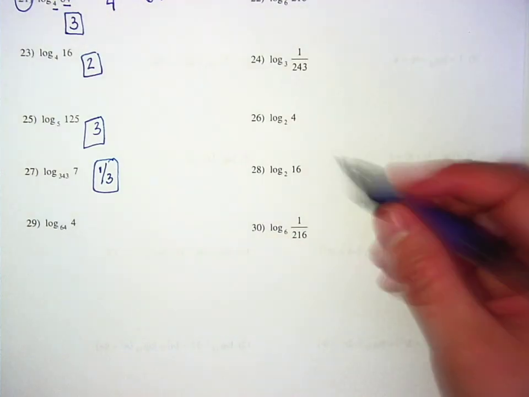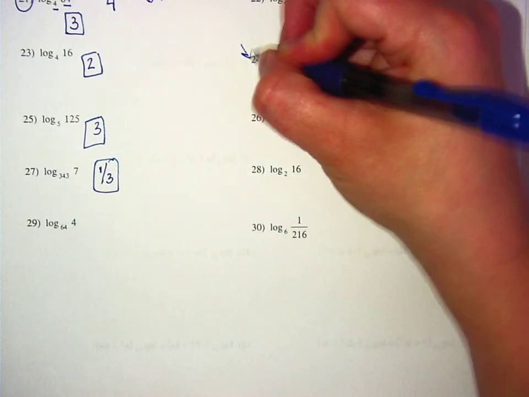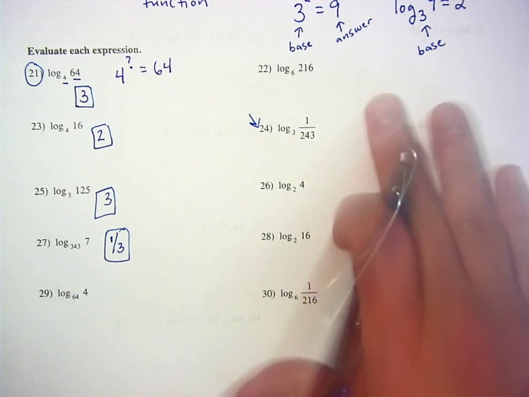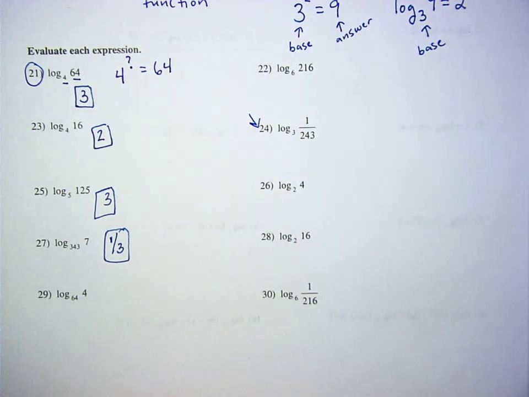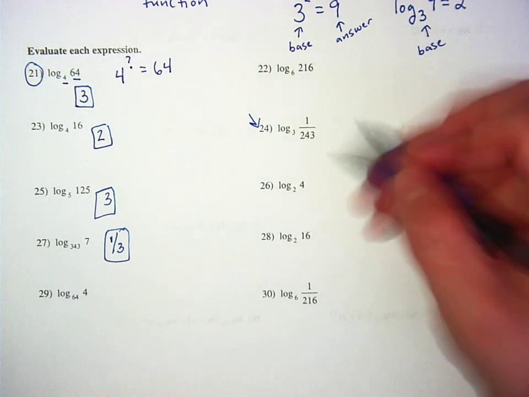And I'm going to jump over here. Let's try this one. 3 to the what power is 1 over 243? Don't do that thing where you're just finishing the problems and ignoring me and not paying attention to this one. Okay, it's going to turn out to be a fraction with a 1 on top. So what do we know about the answer?